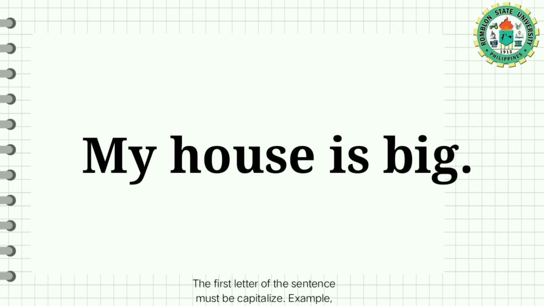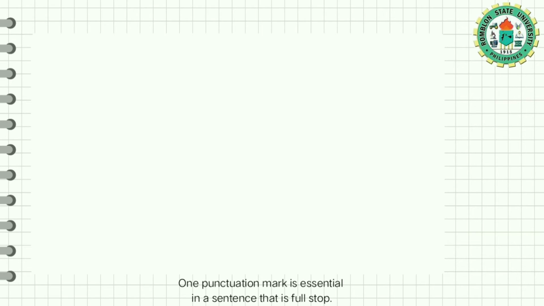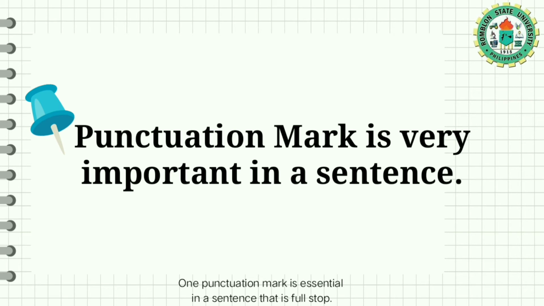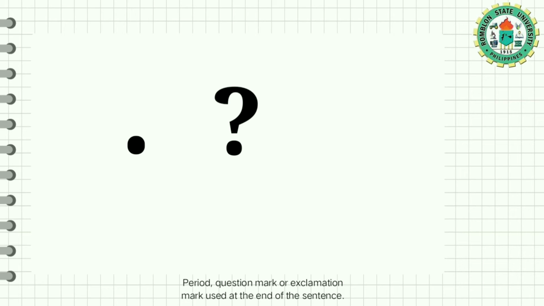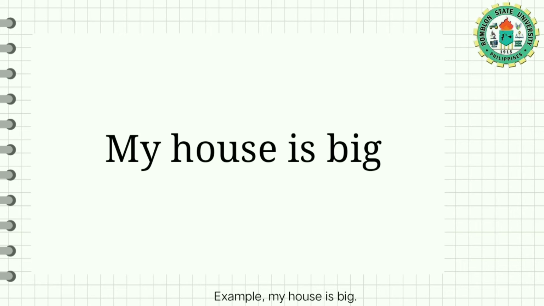The first letter of the sentence must be capitalized. Example, M in my, the first letter of the sentence. One punctuation mark is essential in a sentence, that is full stop, period, question mark, or exclamation mark used at the end of the sentence. Example, my house is big.